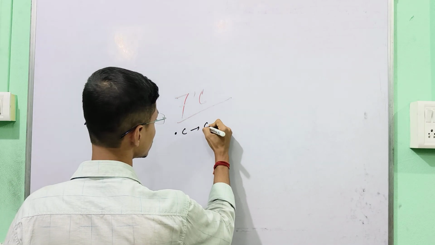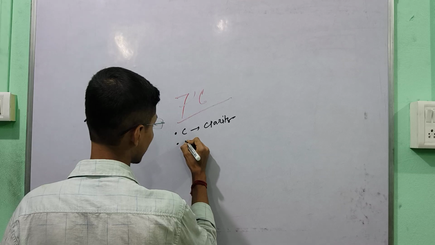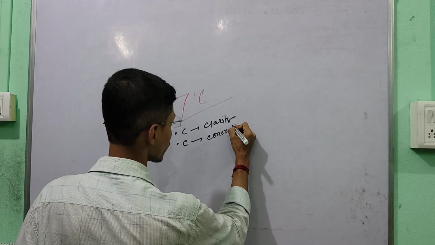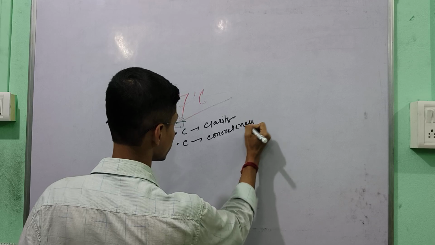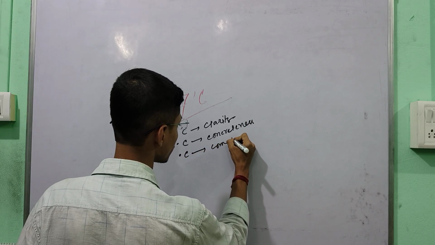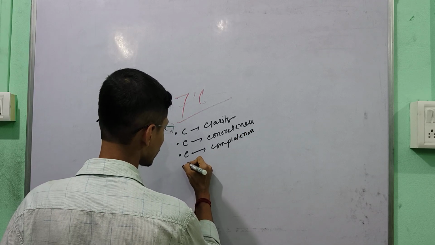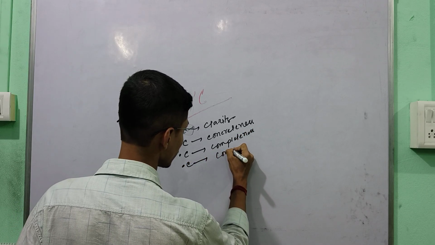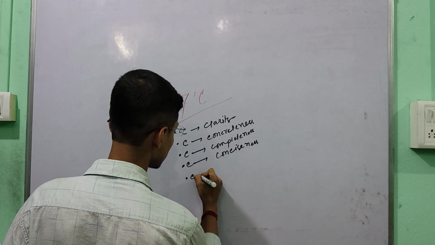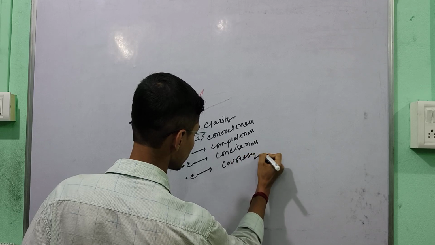First C is clarity. Second C is concreteness. Third C is completeness. Fourth C is conciseness. Fifth C is courtesy.